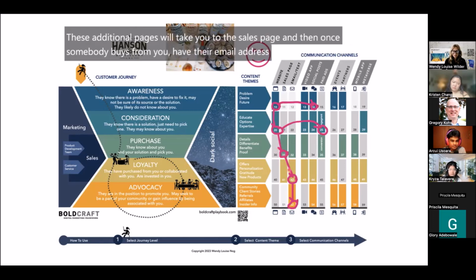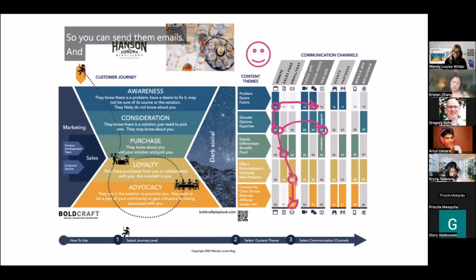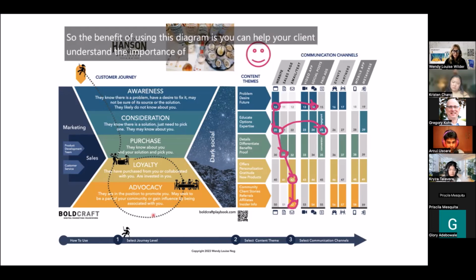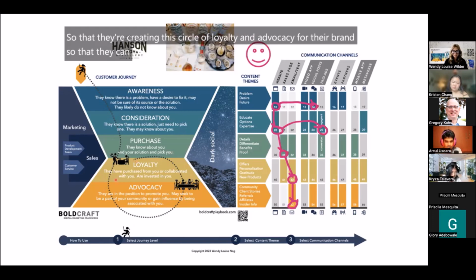So you can send them emails and send them offers to share with their friends. So the benefit of using this diagram is you can help your client understand the importance of having all this in place so that they're creating this circle of loyalty and advocacy for their brand so that they can exponentially grow their sales.